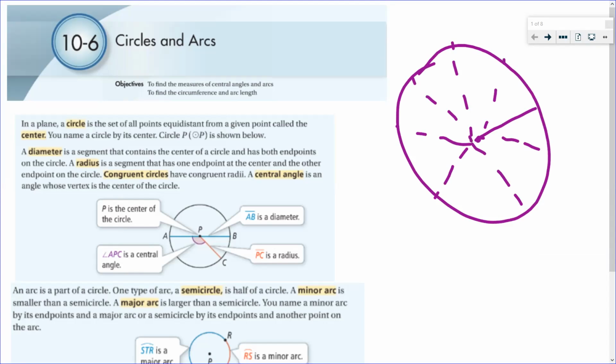This point, we name it the center C. So this is a circle.